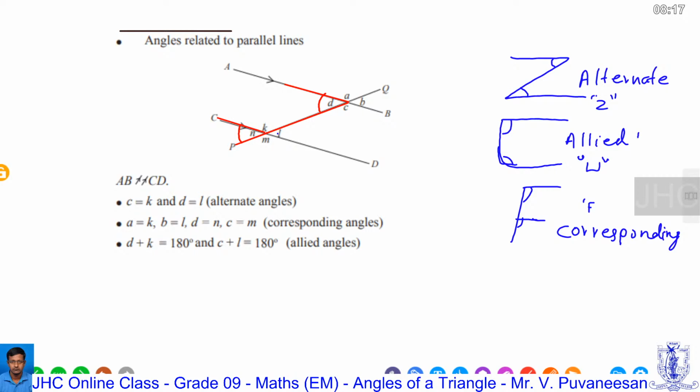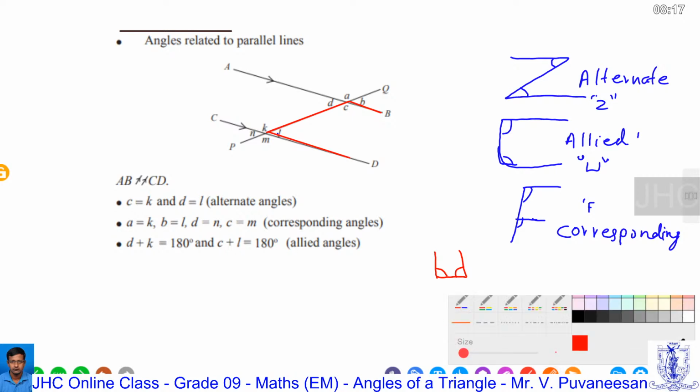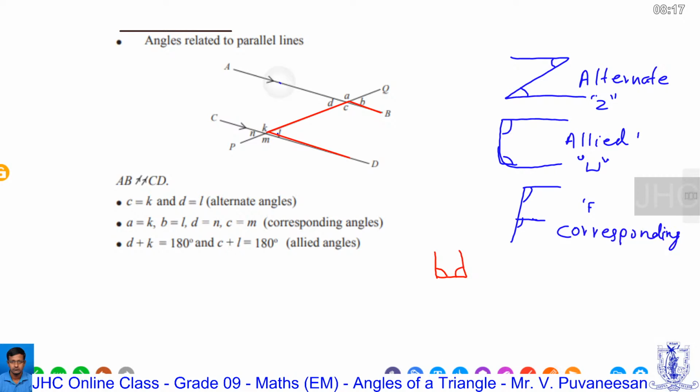Next, allied angles. Allied angles. Look at these red color lines and another type here.